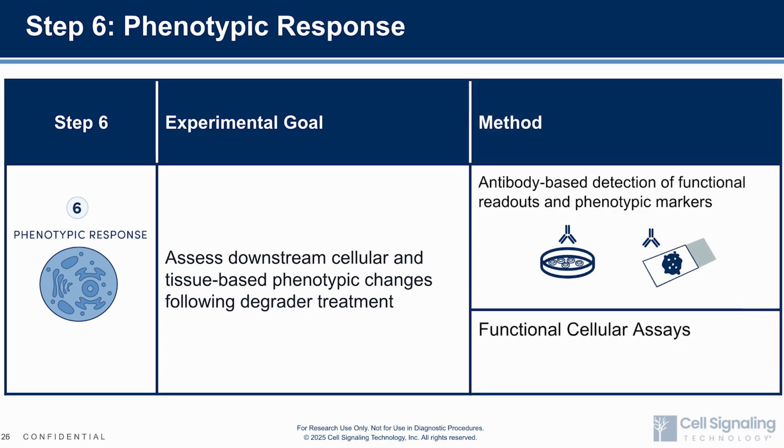This is where you're looking at a wide plethora of different types of antibodies that are going to measure, depending on the biology of what you're trying to target, various readouts and phenotypic markers to look for, say, increased or decreased signaling within the cell, changes in the cell morphology, changes within the cellular state and identification, things like that that tell you that you're getting the predicted phenotypic response that you would expect.